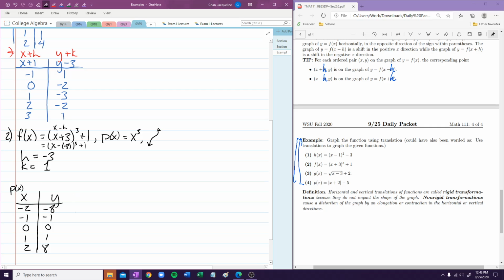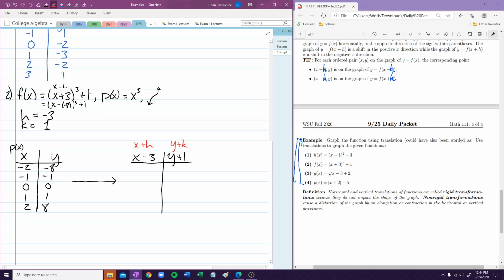So what does that mean? We want x minus 3 and then y plus 1. Remember, we want x plus h, and then this is y plus k. Now let's take these x values. Negative 2 minus 3 is negative 5.